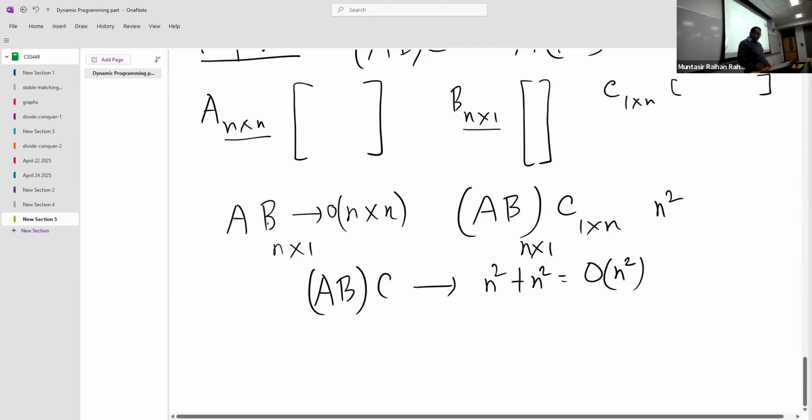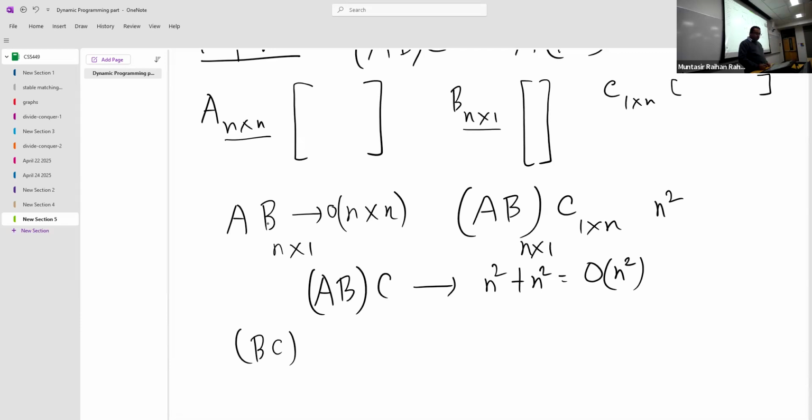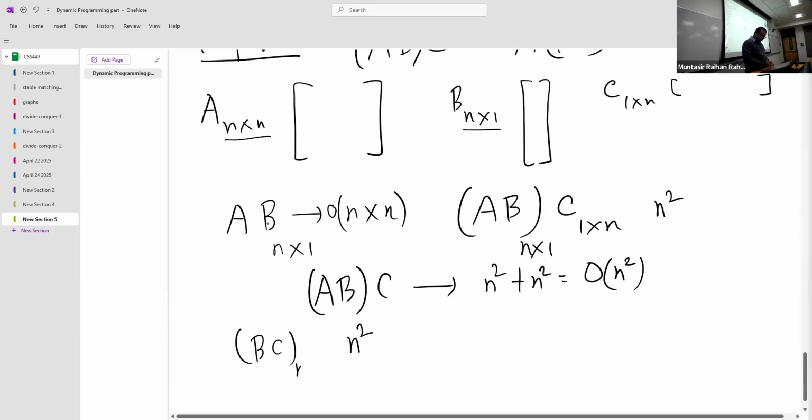Now if I do it in the other order, if I first do BC, what is the cost of doing BC? It's n by 1 times 1 by n, so n squared, and you get an n by n matrix. Then you do A times BC, and this is n by n and this is n by n. So what is the cost? This is n cubed.